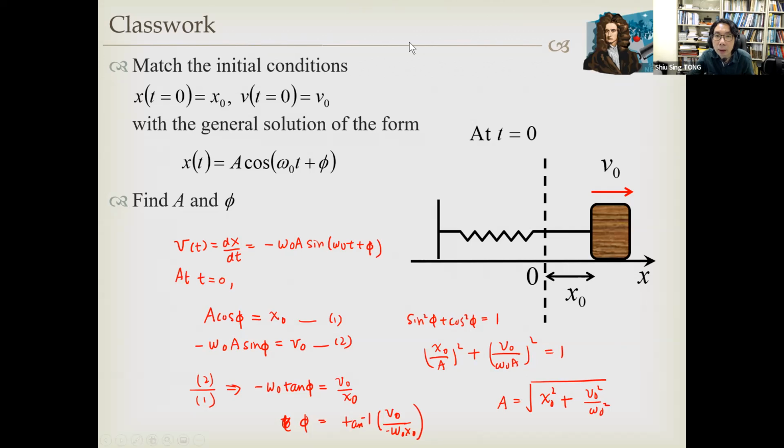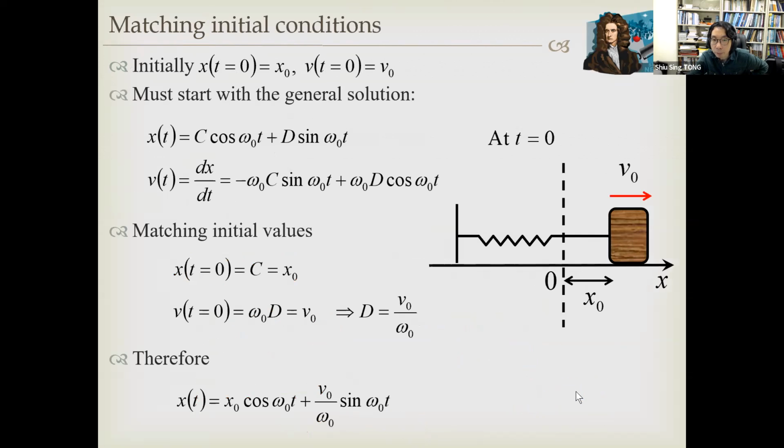Although the expression is a little bit more complicated, now you have the arctangent here and your minus sign here, but they are solvable in principle. But it would be simpler to write in this form, right?